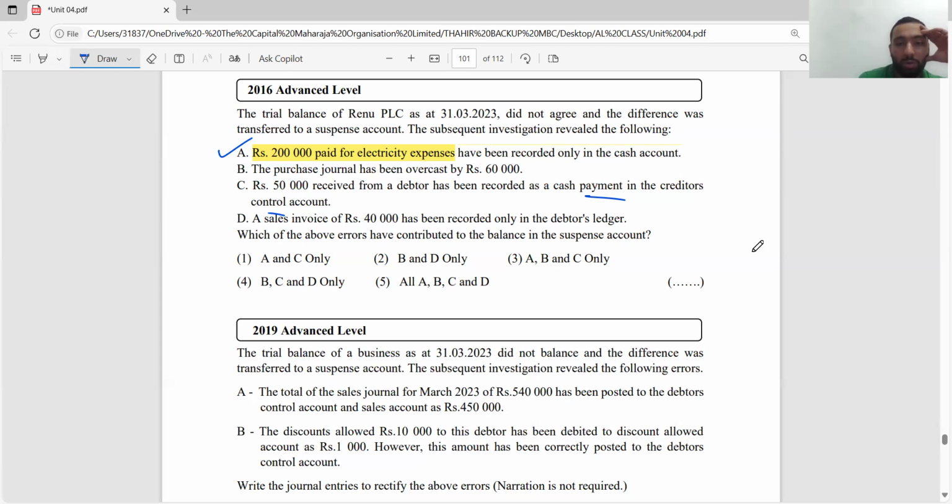Cash is received, so cash has to be debit.